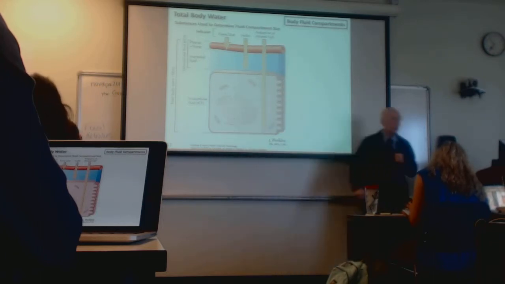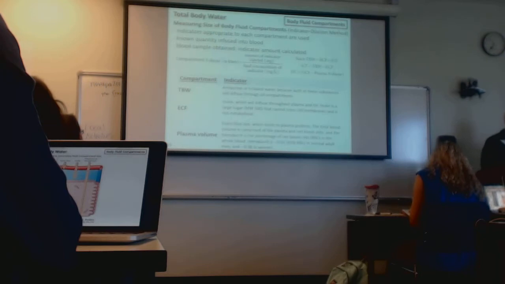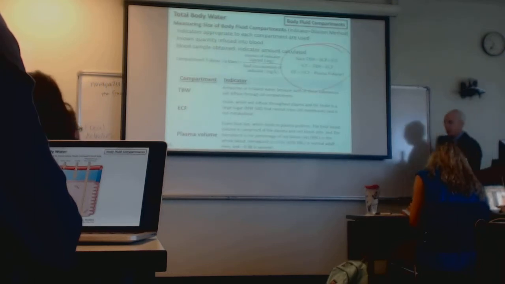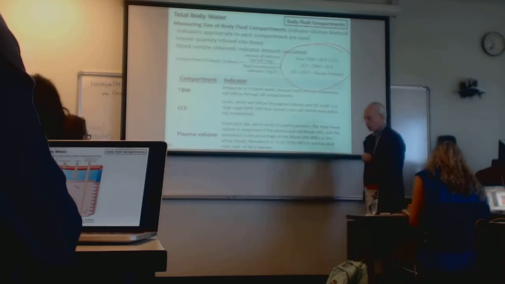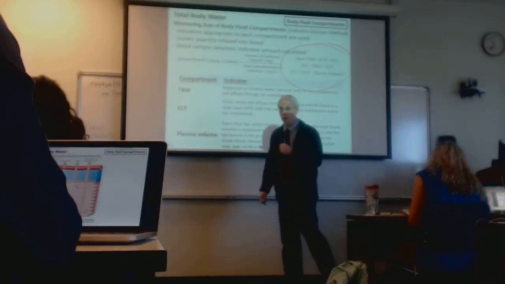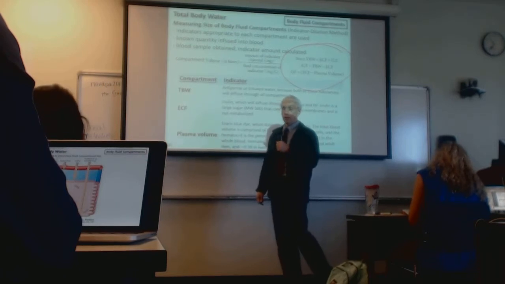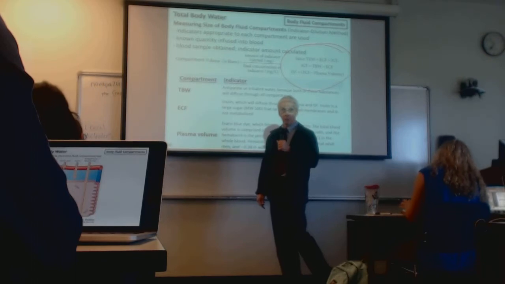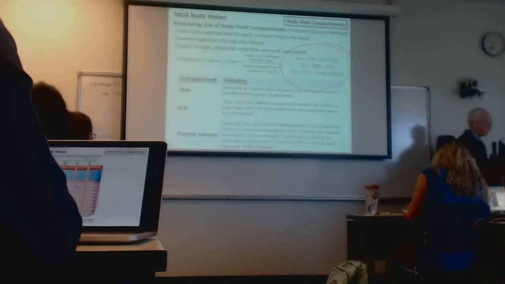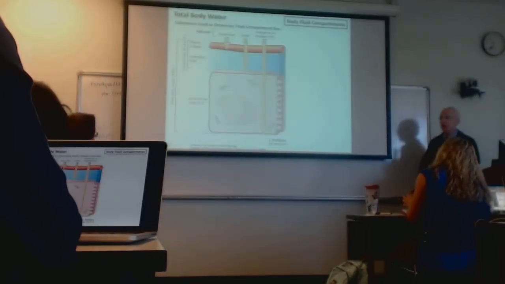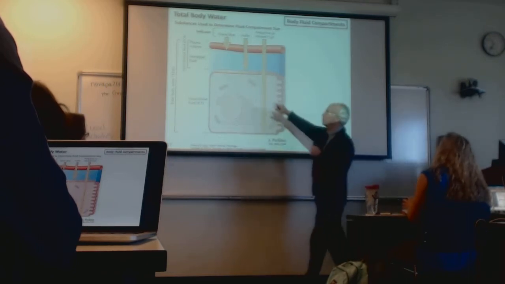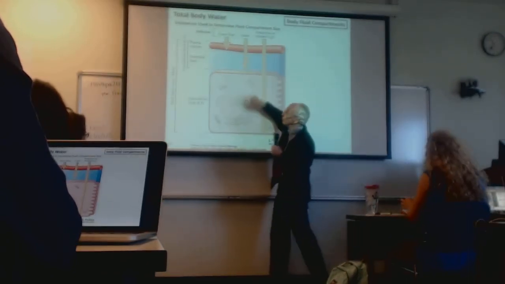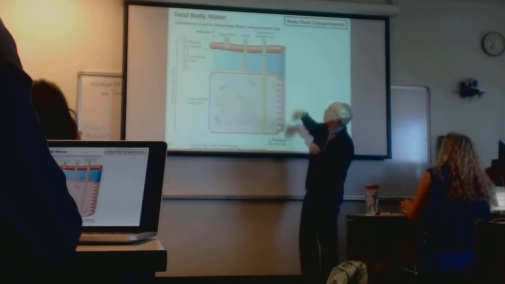And if you know the relationship between those 3 compartments, as we talked about before, the 2-to-1 relationship between the ICF and the ECF and so on, you should be able to determine the volume of plasma, the volume of the entire ECF, or TBW, the total volume of water in the body.